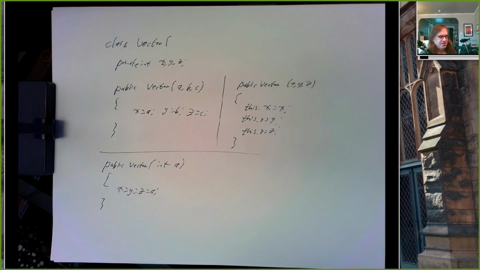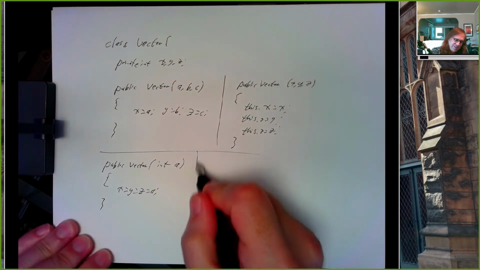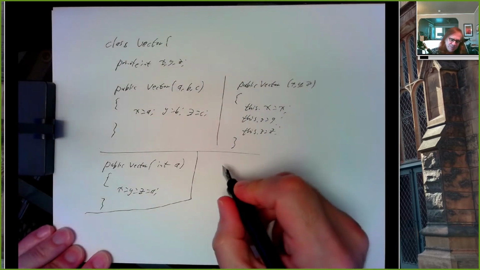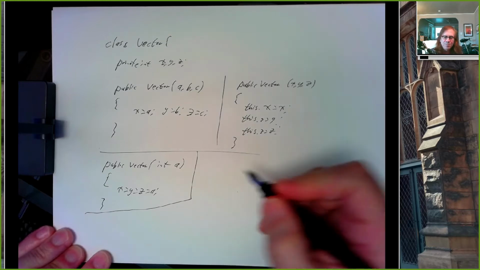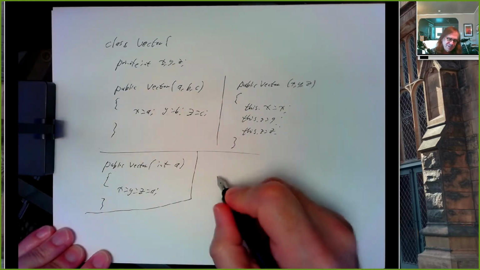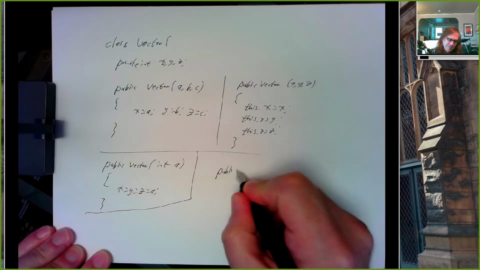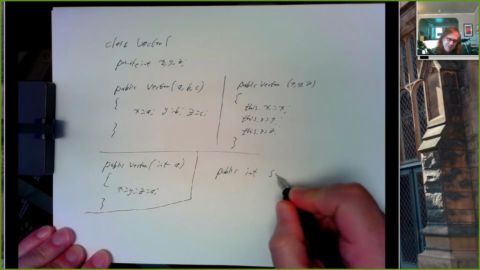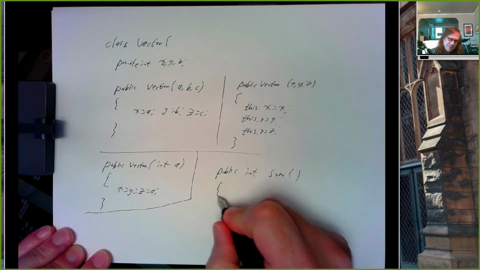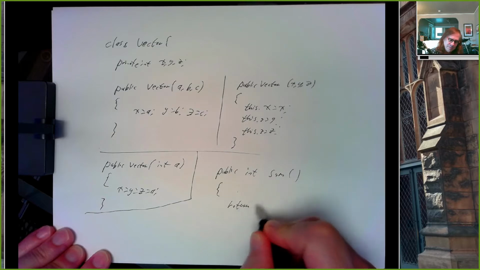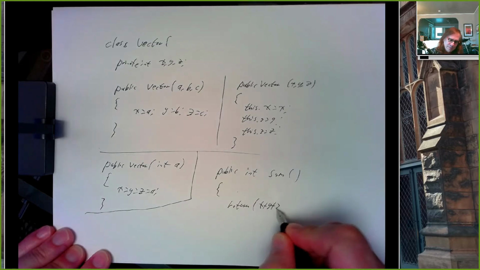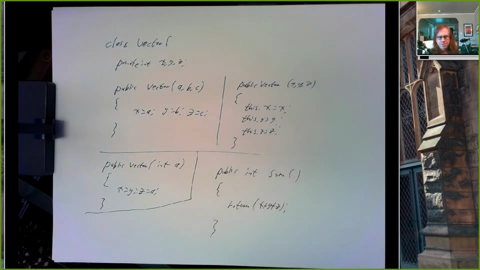Public methods. The main thing that people lost points on here was a method called sum that returns the sum of these. This is really just public int as the return type, sum, no arguments. So this is how we do objects.